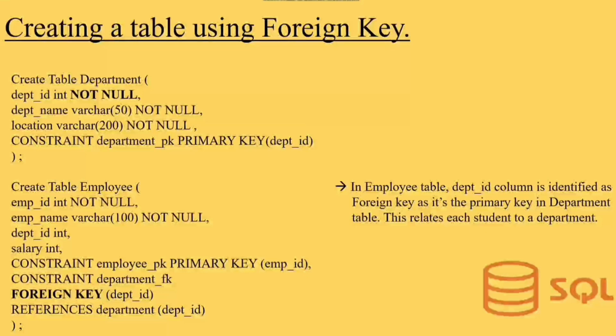And in the second table, the employee table, we have defined constraint employee underscore pk. So we used employee ID as primary key, and we have another constraint department underscore fk, that is your foreign key. Here we are using department ID as foreign key, and it is referring to the department table. So that's why we have used references department ID.